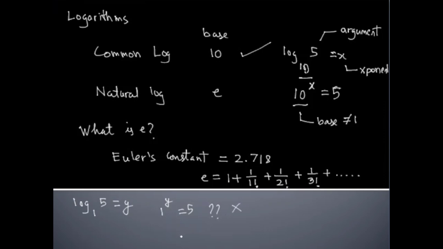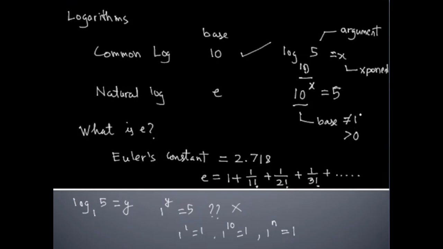Can you raise 1 to any power and obtain 5? 1 raised to the power 1 is 1, 1 raised to the power 10 is also 1. 1 raised to the power of any number is 1. So having a base of 1 is not possible in itself. Hence, base is not equal to 1 and base is greater than 0.